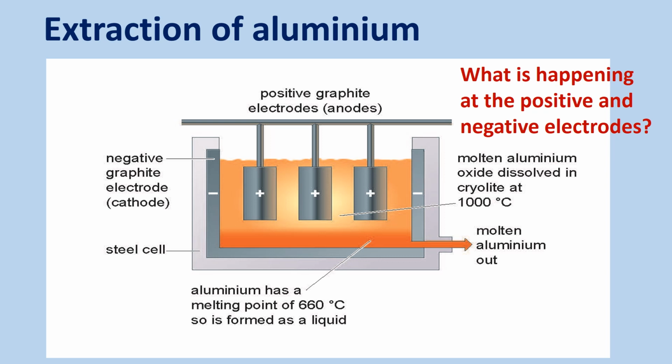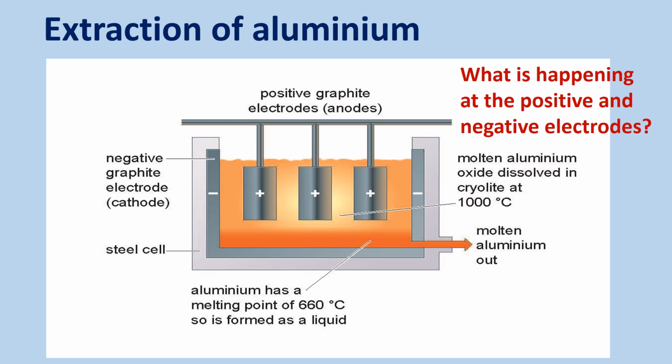To save on energy, it has to be dissolved in cryolite rather than just melted. Aluminium itself has a melting point of 660 degrees Celsius. So it's formed as a liquid after the electrolysis, and molten aluminium comes out.